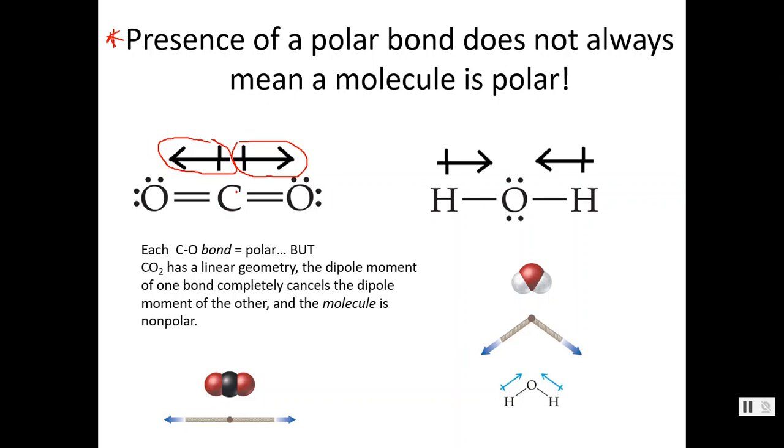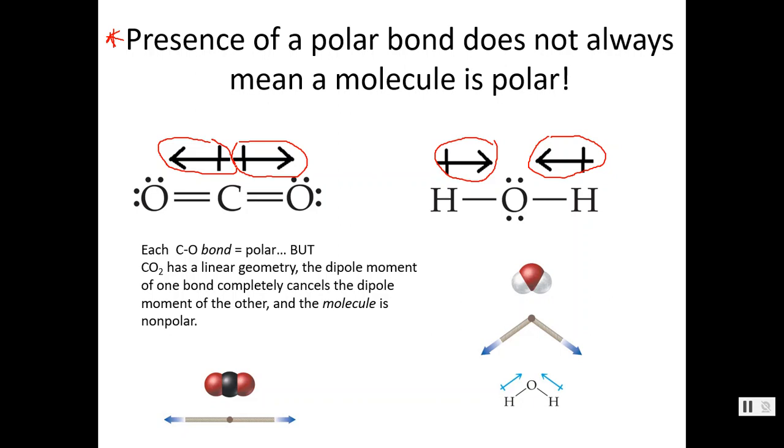So in carbon dioxide, I have one dipole going from carbon to one oxygen, a second dipole going from that same carbon to a different oxygen. In water, I also have two dipoles, both of which are pointing toward the oxygen. So both of these molecules have polar bonds.